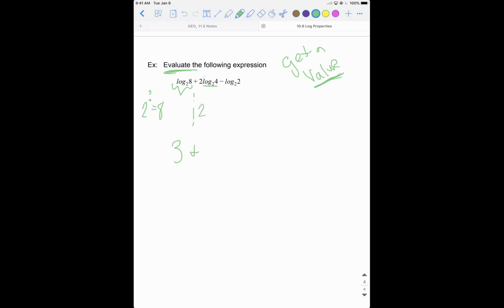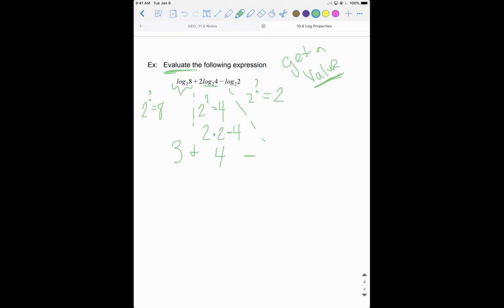That asks us, 2 to the what power gets us 4? Hopefully that tells you 2. So then you get 2 times 2, which gets you 4. So that brings 4 down there. And lastly, we have a subtraction of 2 to the what power is going to get you 2.